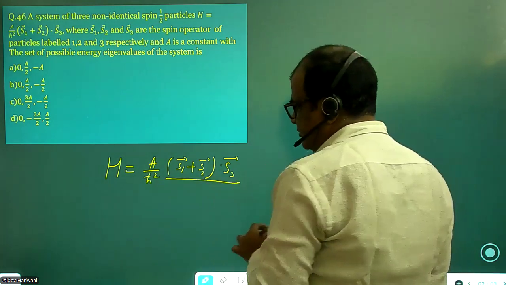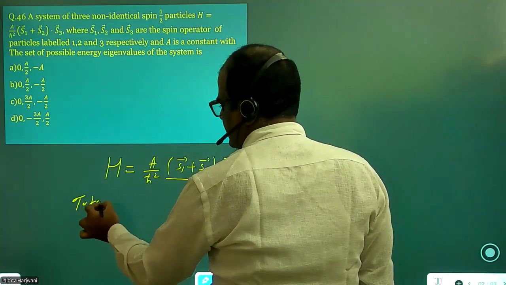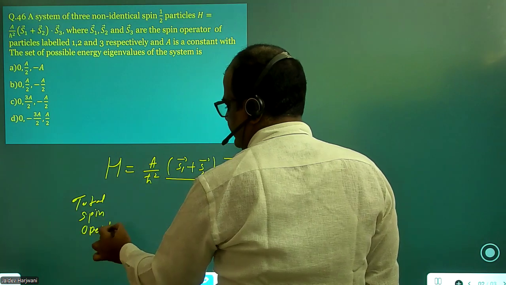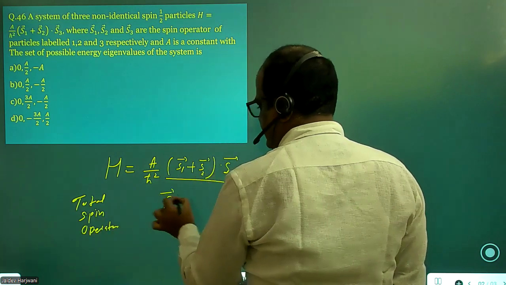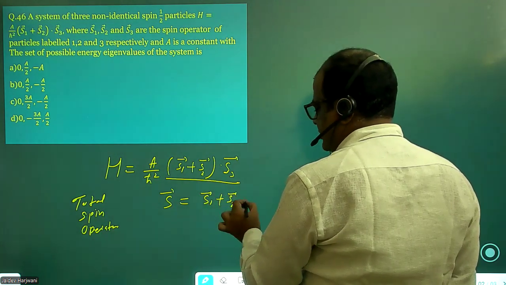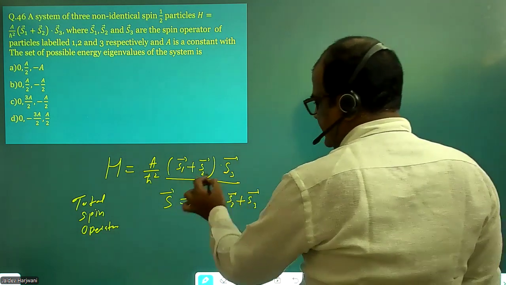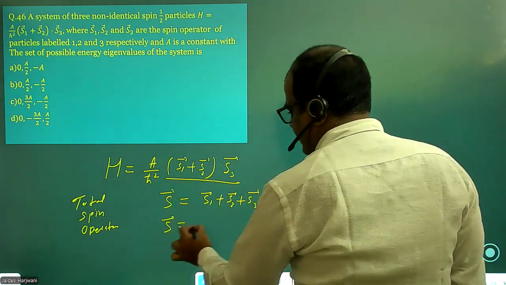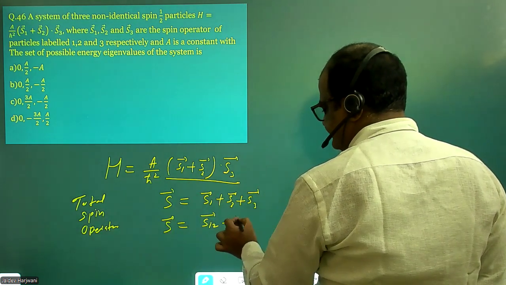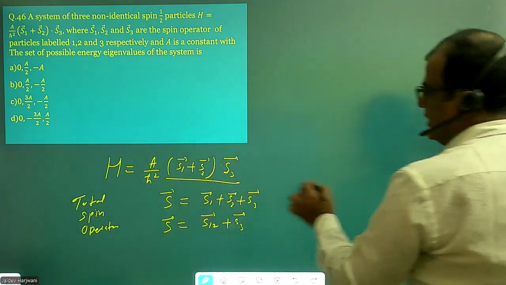So let us first write the total spin operator. I can write S as S1 plus S2 plus S3. Now this S1 plus S2 I can write as S12, plus S3. Now I want this value, so I can take the square.